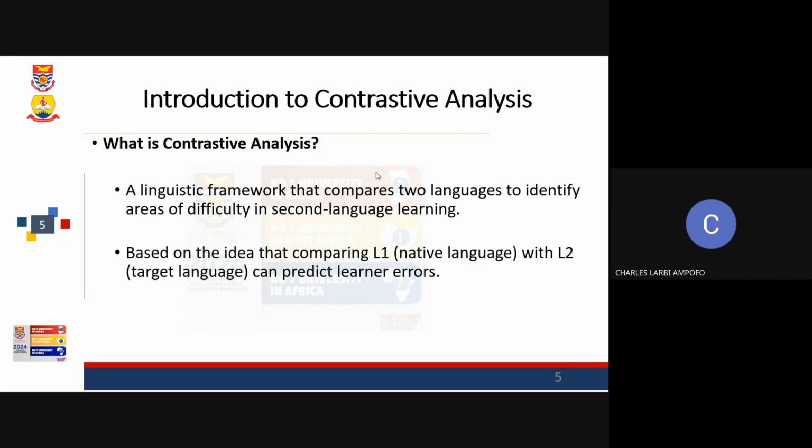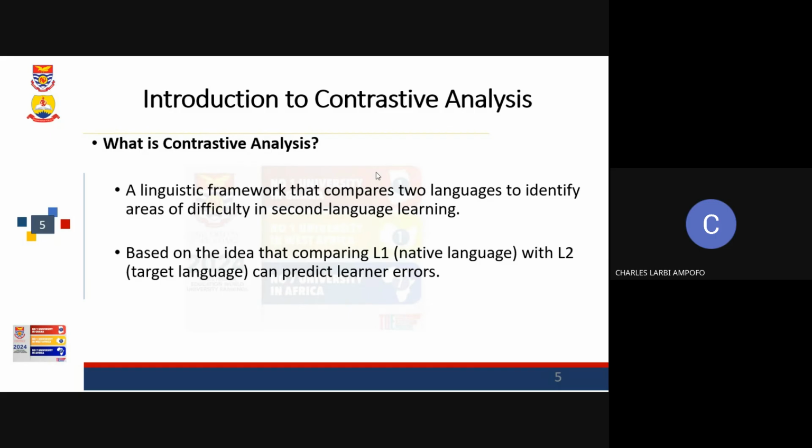Here, they are not things, as in just anything. What are we comparing? Languages. Because whatever we are doing is situated in the context of language. So we're going to contrast languages, basically 2 languages, to find out their differences and their similarities.